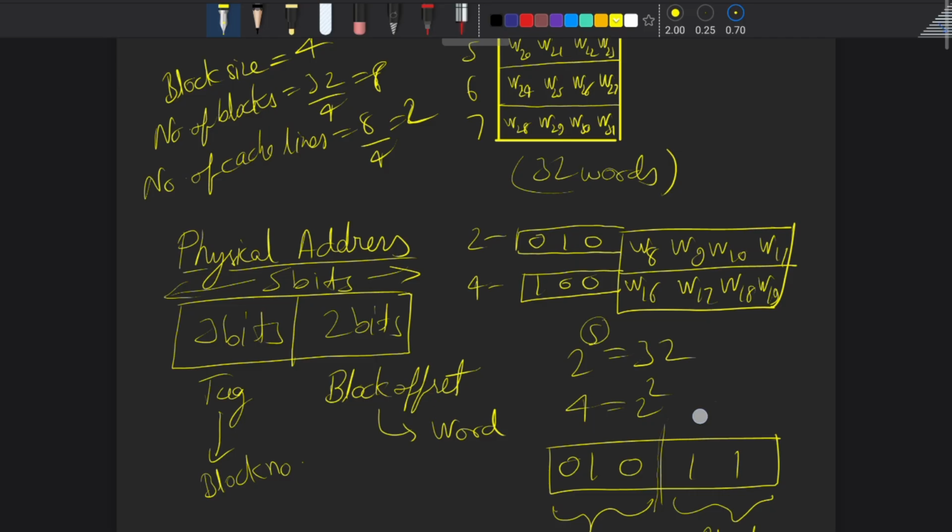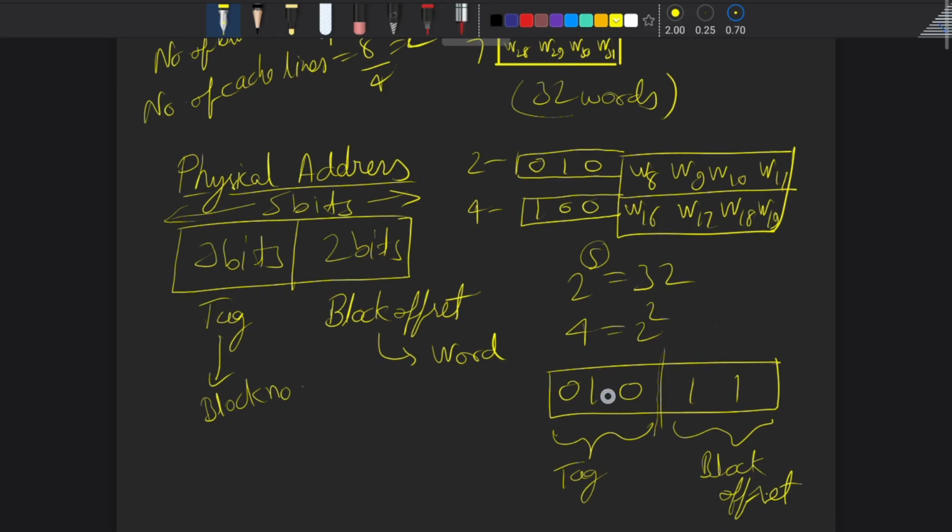So let's come back to the example. Here we will look for this tag bit in our cache memory and we will find it here. So it will be a hit, because we have found this tag bit inside our cache memory.